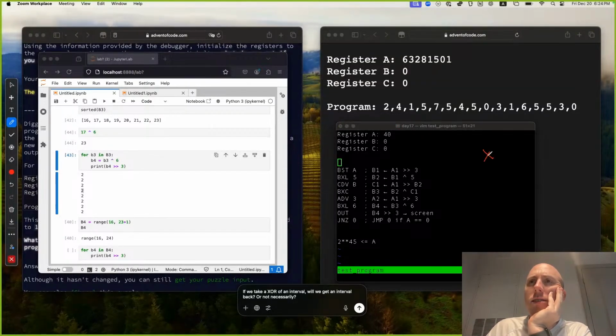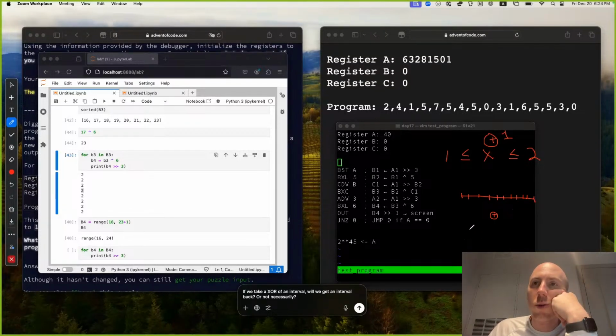Say x is greater than or equal to 1 and less than or equal to 2, and we Zor this by 1. That's really the question: if we take the Zor of this interval, will we get another interval back, maybe shifted, or basically the same interval?